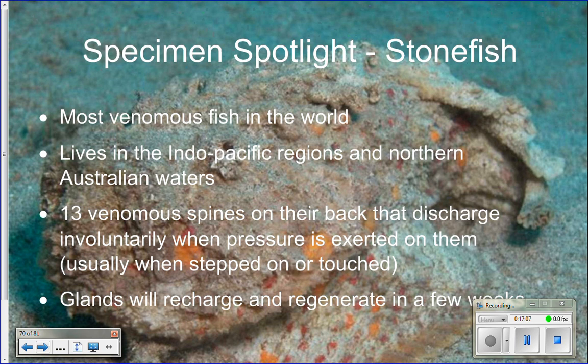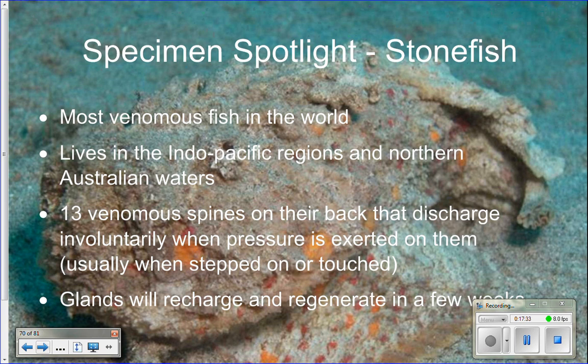And it lives in Australia, where all deadly things live, and also in the Indo-Pacific. There's several theories for that, because animals that live there have to adapt to those surroundings, so they've got to have those adaptations.